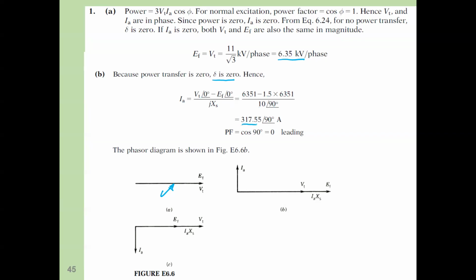This would be the amount of current in this case, and as you can see, it's leading by 90 degrees because this case is over excitation and no losses, which means delta equals 0. So in this case, it's considered a synchronous condenser. This is the phasor diagram we just drew a few slides ago of the synchronous condenser. This is part B.